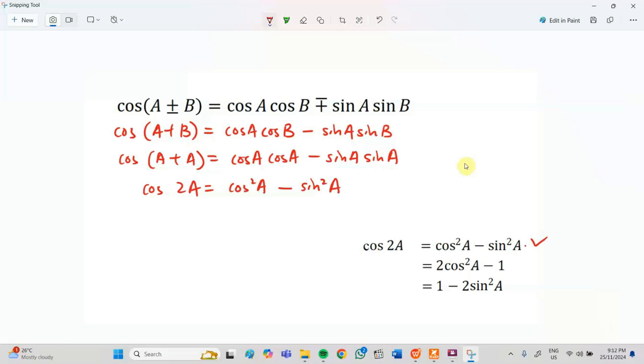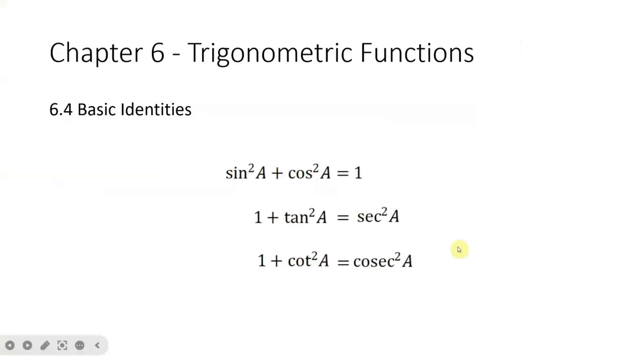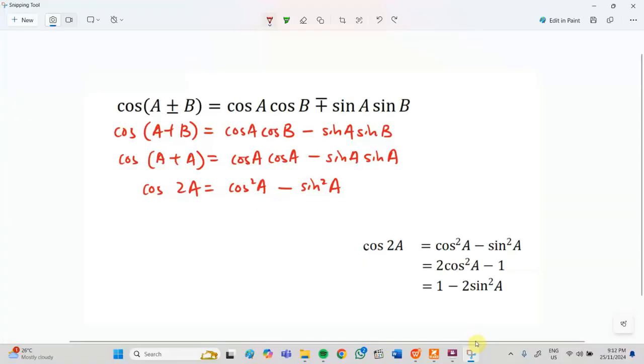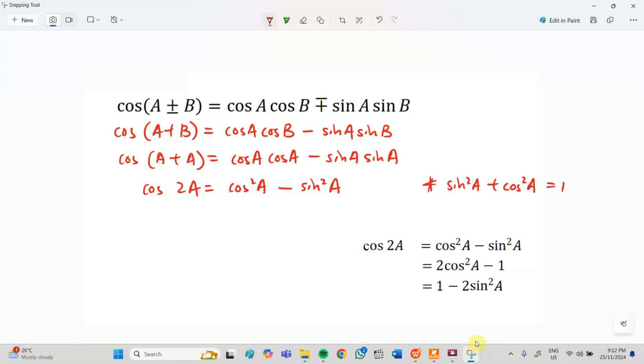Then we proceed from here to get the second formula. You notice that in the second formula, we don't have sine anymore. So we need to substitute this with something. Your basic identity, the first basic identity, sine squared A plus cosine squared A equals 1.